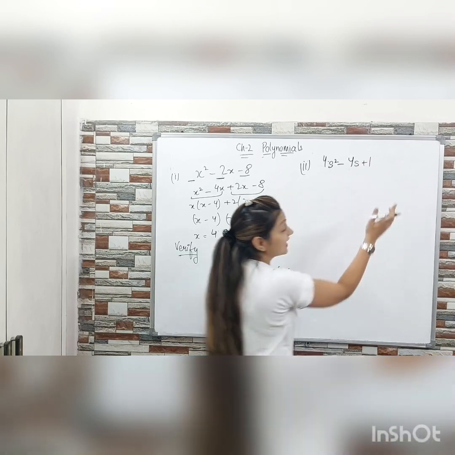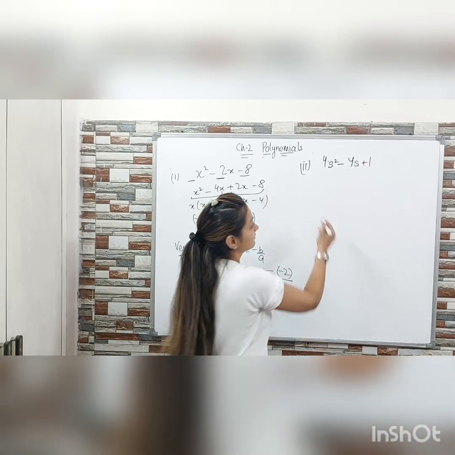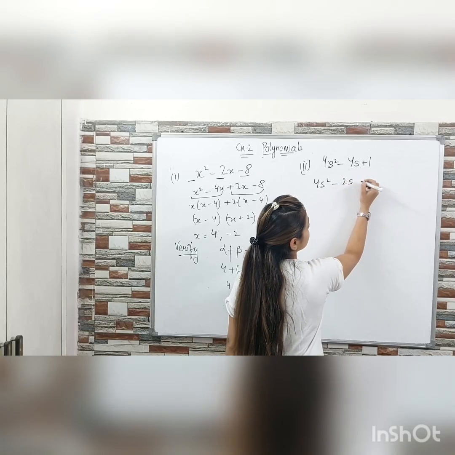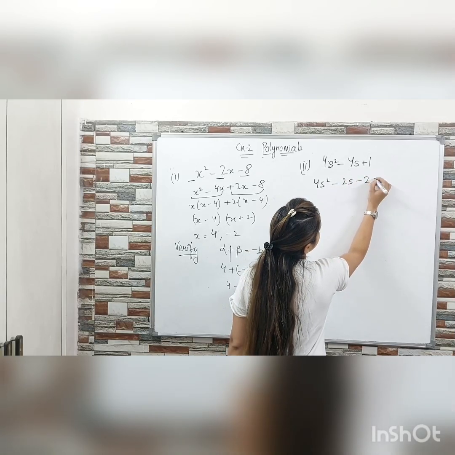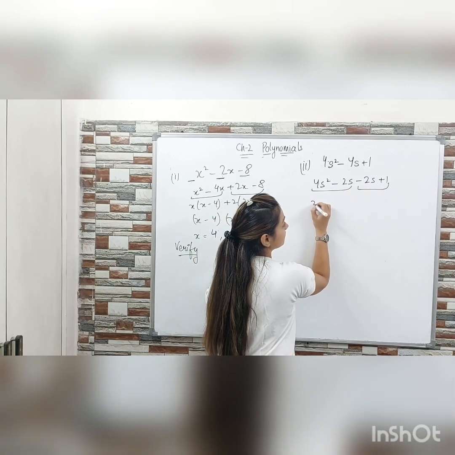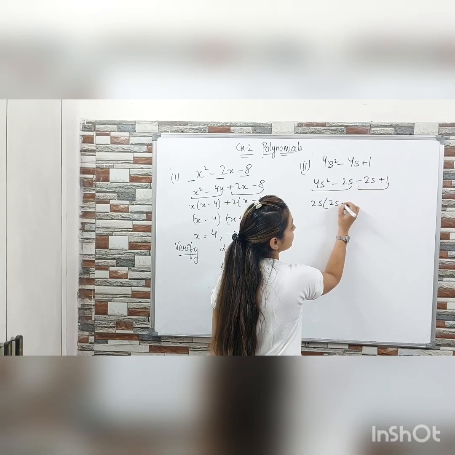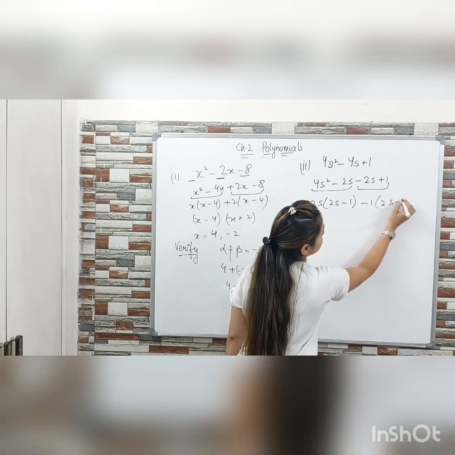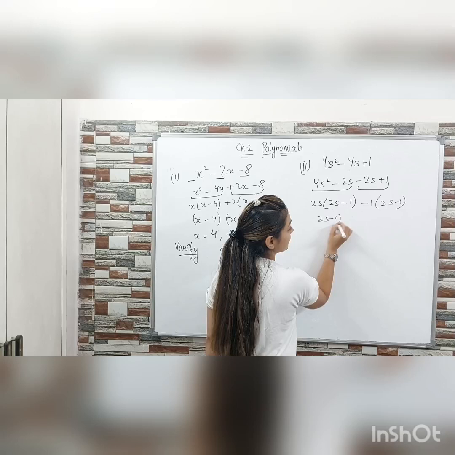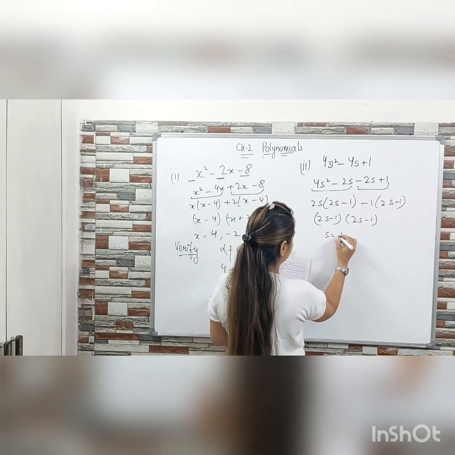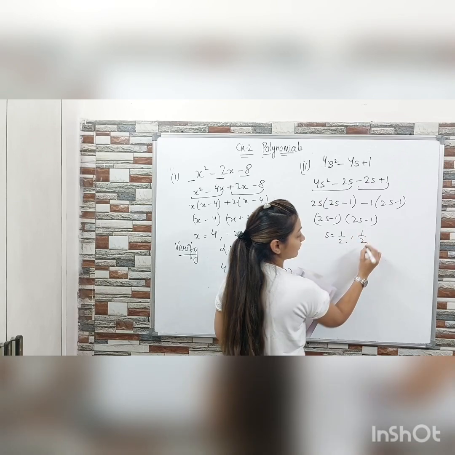Again I will do the middle term split first: 4s square minus 2s minus 2s plus 1. Take out the common: 2s minus 1, minus 1, 2s minus 1. So the factors are these two and the answer is s equal to 1 by 2, 1 by 2.